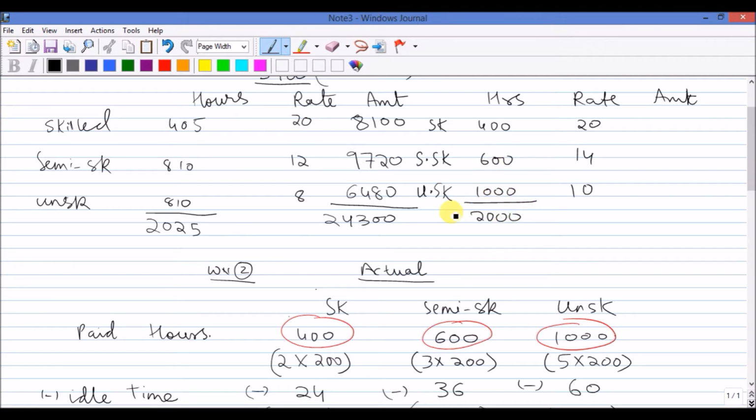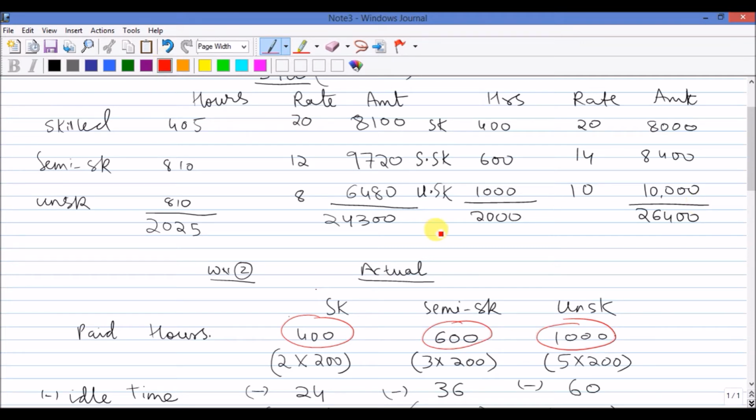Now I'm going to multiply: 400 into 20 is 8000, 600 into 14 is 8400, and then 10,000. So the total comes to 8,000 plus 8,400 plus 10,000, which gives me 26,400.